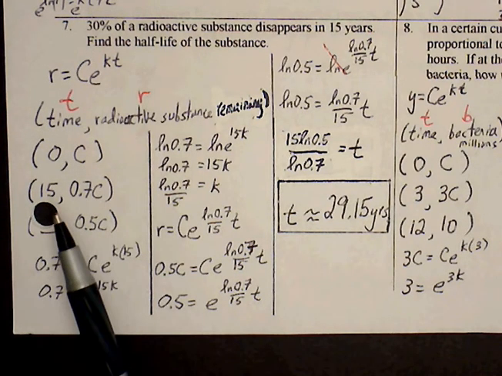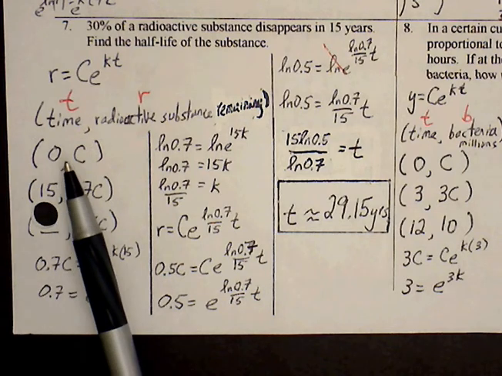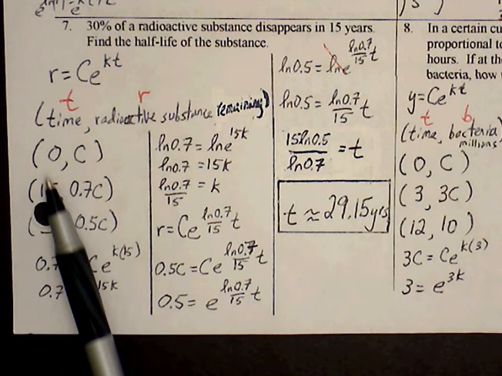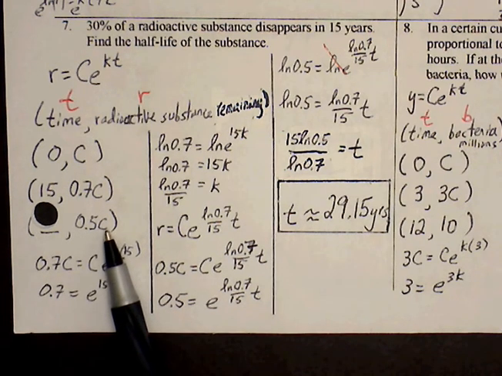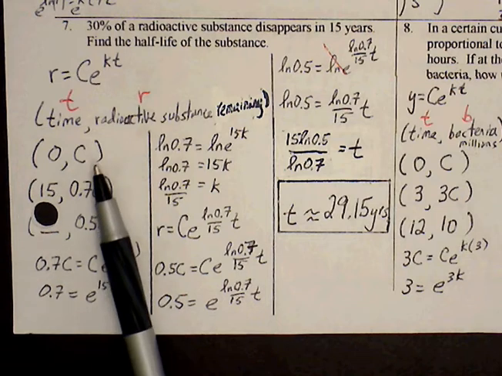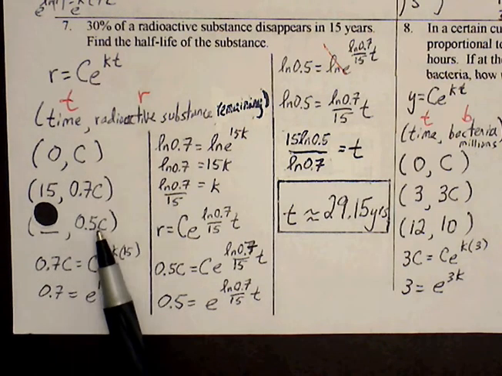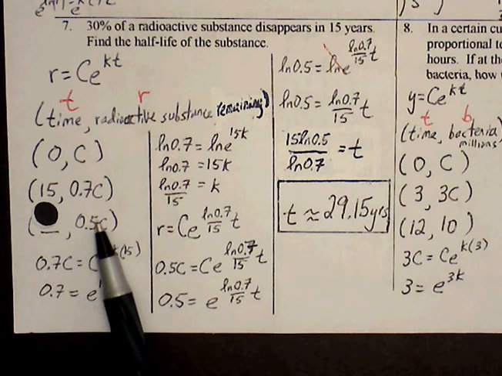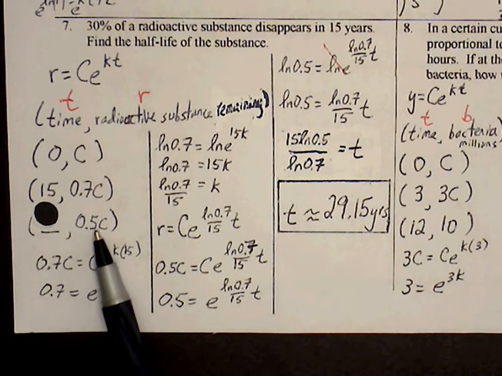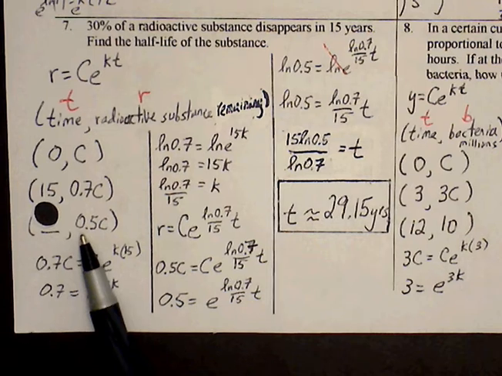And then it says find the half-life of the substance. So we want to figure out how much time will pass before half of the initial amount will remain. So C will turn into 0.5 C. Half-life is how long it takes before half of the amount remains.